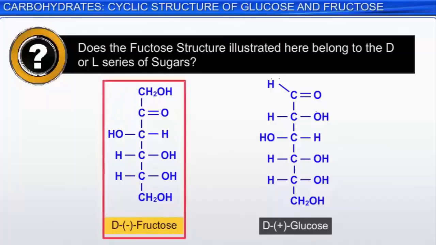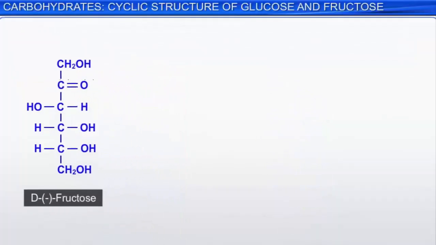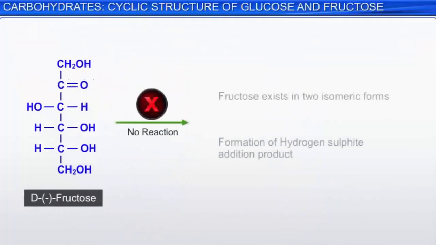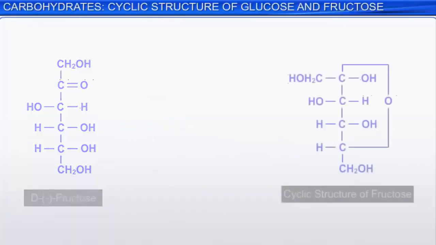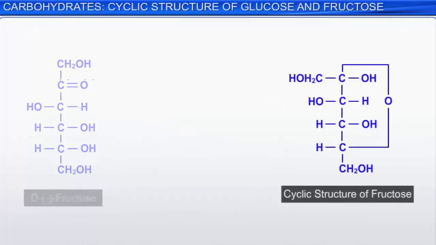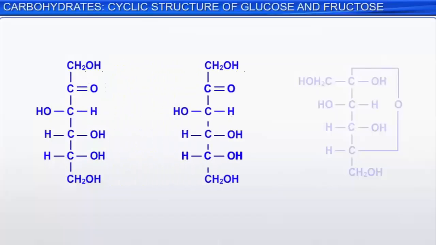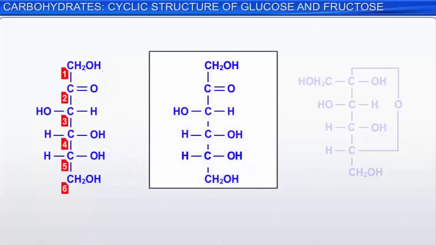As the open chain structure fails to explain certain facts like its existence in 2 isomeric forms and the formation of hydrogen sulfide addition product, the ring structure was established. The cyclic structure is obtained when the hydroxyl group at C5 gets added to the carbonyl group at C2.